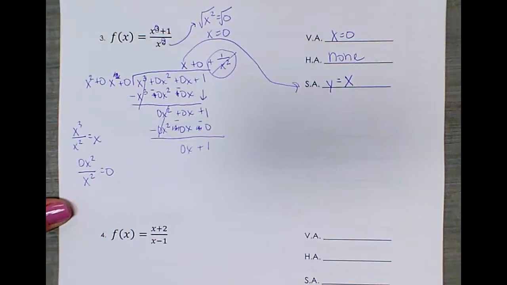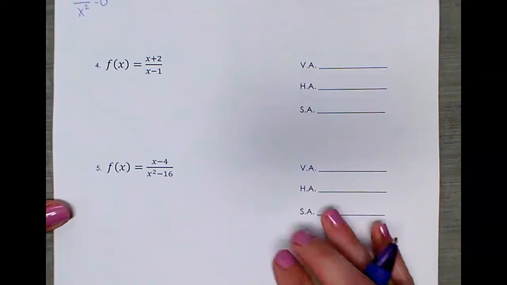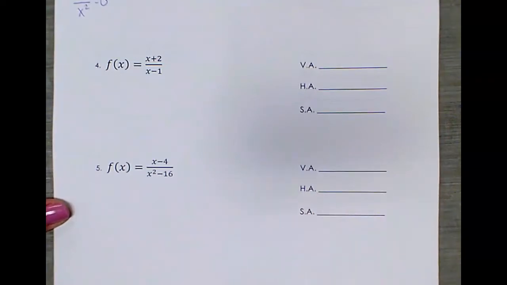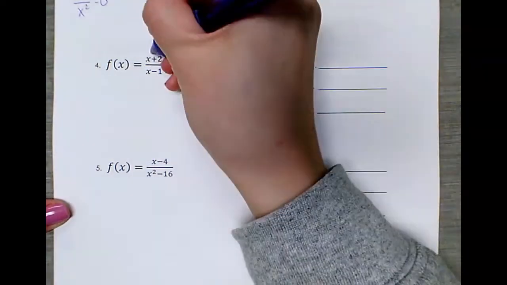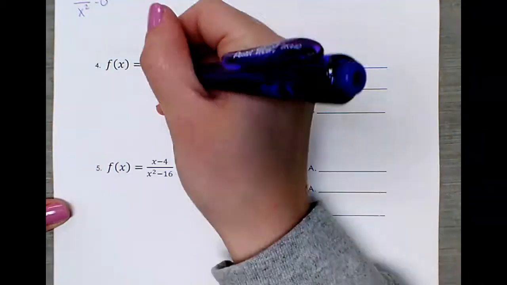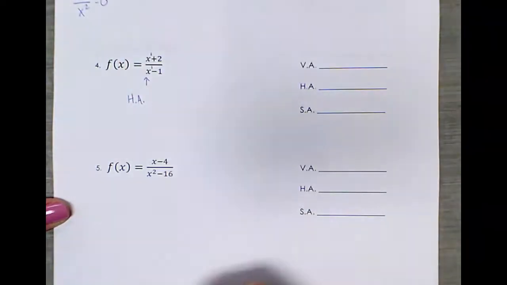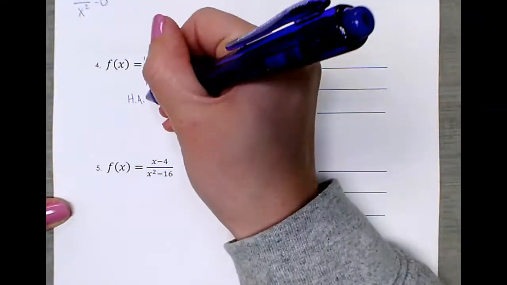So move on to number 4. I guess 4 and 5 can fit in the screen at the same time. So on number 4, I notice that I have the same degree. So my horizontal asymptote is made up of the coefficients of those x terms, so 1 over 1.